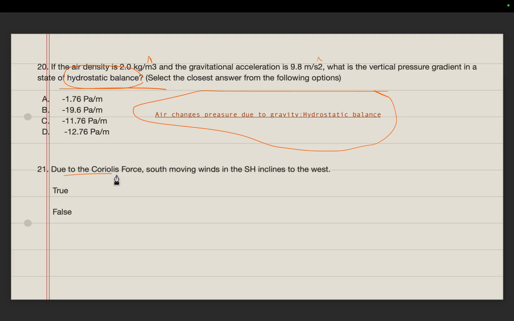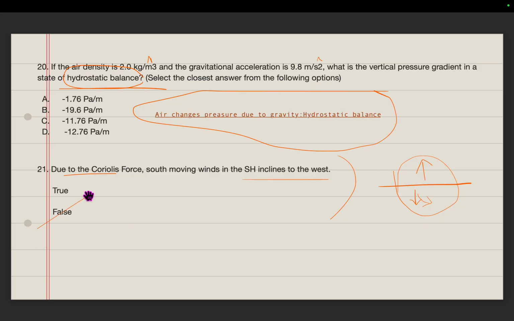In question 21, due to Coriolis force, south moving winds in the southern hemisphere incline to the west. We had seen that south going winds will move towards the left of their moving direction, so it will move towards the east.